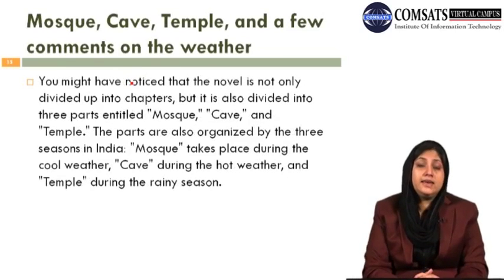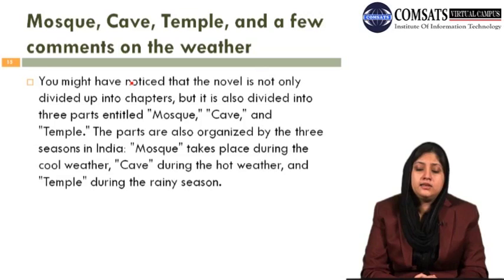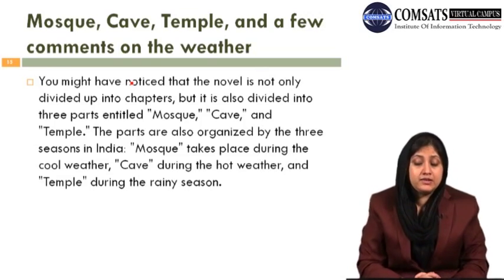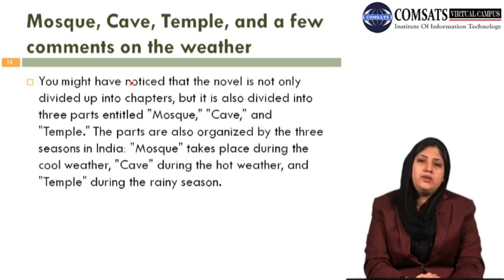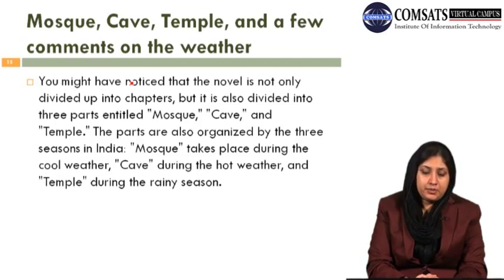The second category is of mosque, cave and temple, and a few comments about the weather as well. You might have noticed that the novel is not only divided up into chapters, but it is also divided into 3 parts entitled Mosque, Cave and Temple.